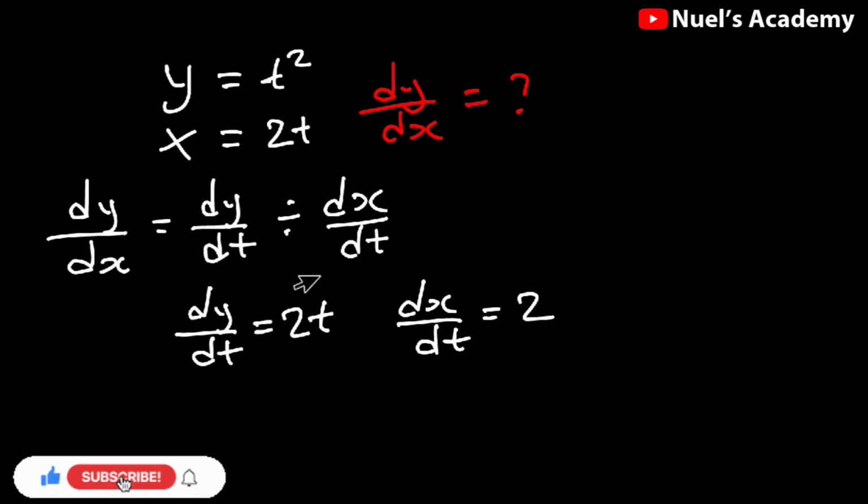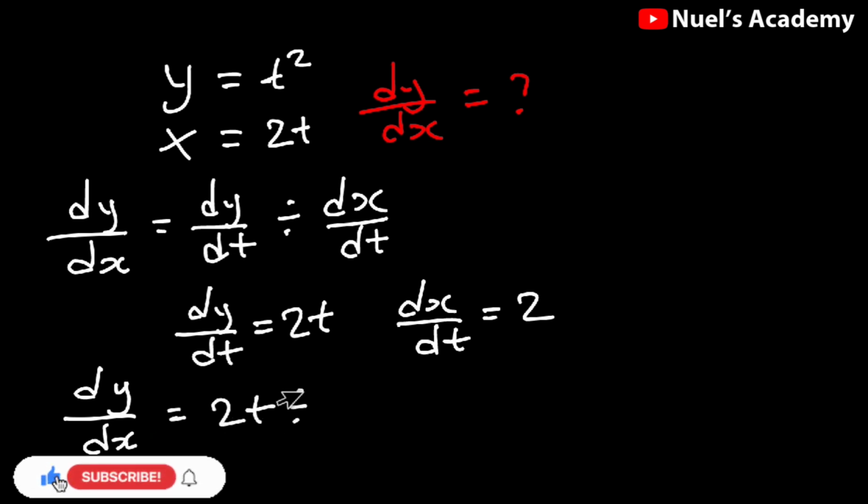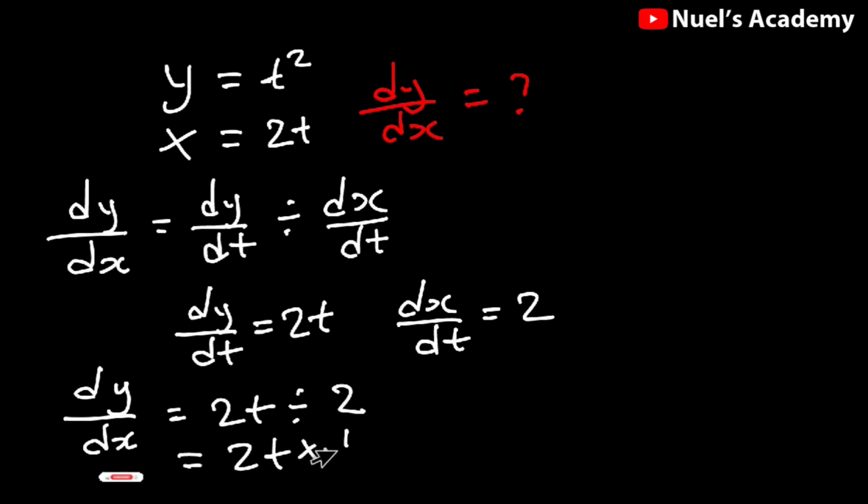So let's substitute dy/dt and dx/dt with 2t and 2 respectively. We're going to have dy/dx equals dy/dt, which is 2t, divided by dx/dt, which is 2. So this is equal to 2t multiplied by, we take the inverse, 1 over 2.